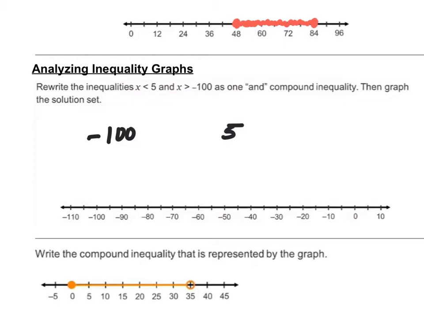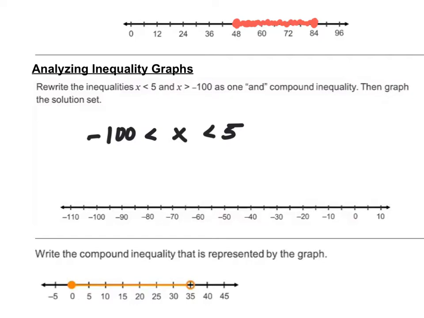Now I know that x is smaller than 5, so I'm going to put that inequality here. But then I also know that x is greater than negative 100. You can flip these around, and it doesn't matter what order they go in, but I can say that x is greater than negative 100, and I can just write it as one compound inequality.